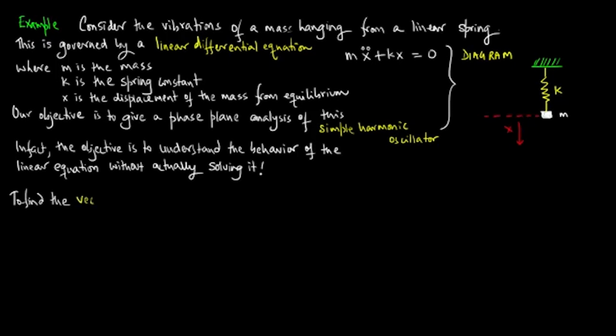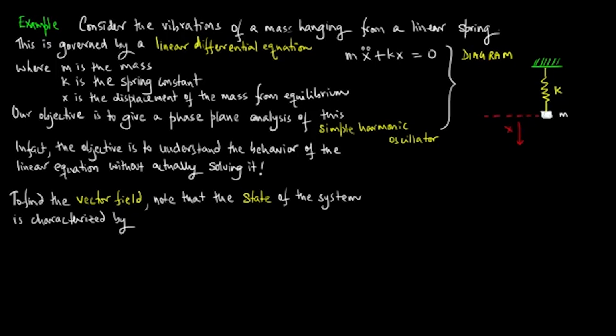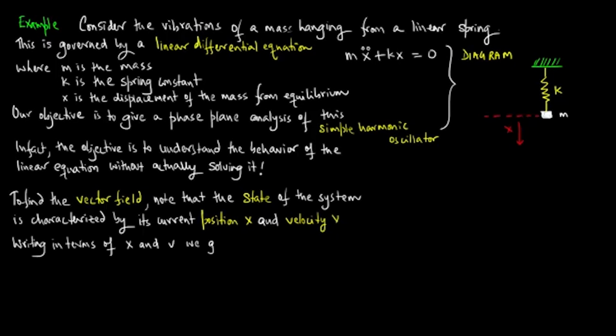To find the vector field, note that the state of the system is characterized by its current position x and the velocity v. So writing in terms of x and v, we get x dot is equal to v. This is just from the definition of velocity, and v dot is equal to minus k on m x.